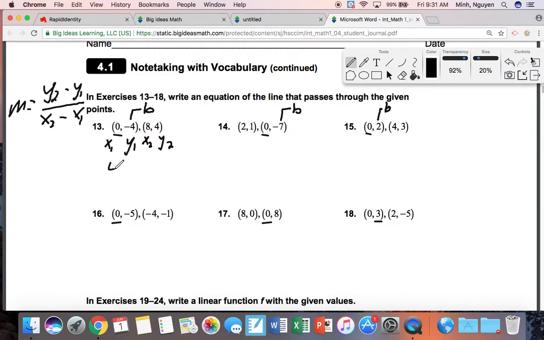So I have y2 is 4 minus -4 over 8 minus 0.